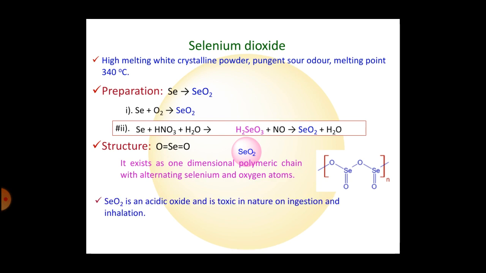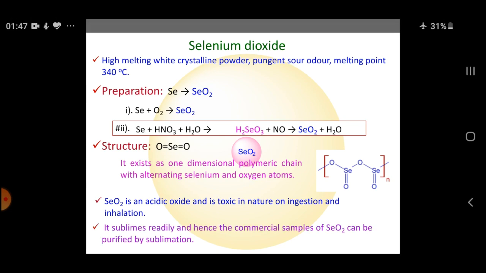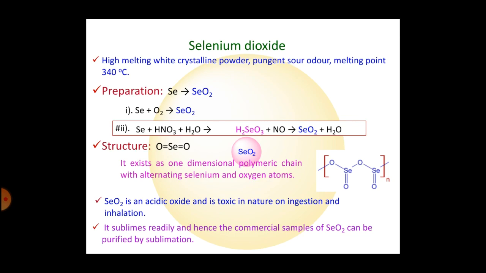It is an acidic oxide which is toxic in nature. It sublimes easily, and because of that its commercial sample can be easily purified by sublimation. So this is the answer to your first question, that is what is this.